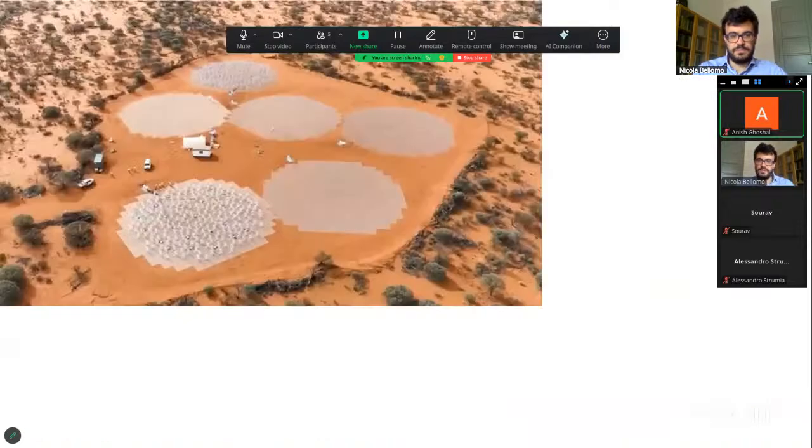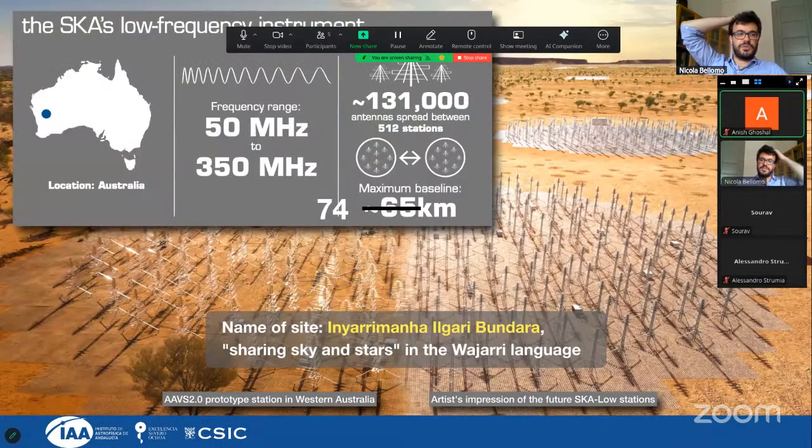So let's discuss first the Australia part. The Australia part is going to target radio frequencies in the range from 50 to 300 megahertz, and is mainly made of dipole antennas.